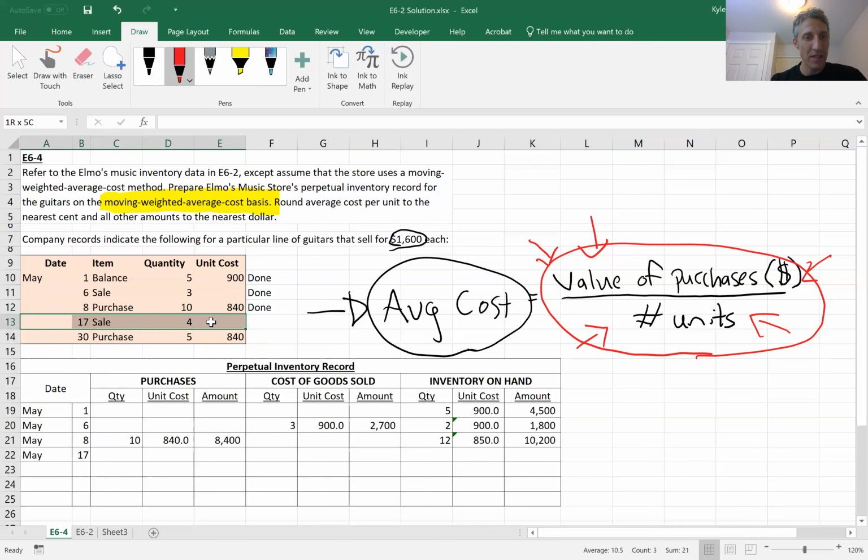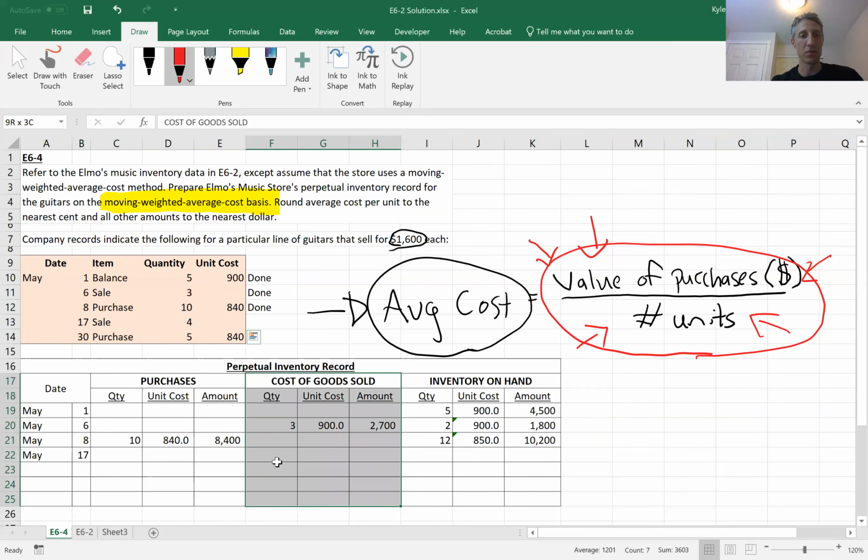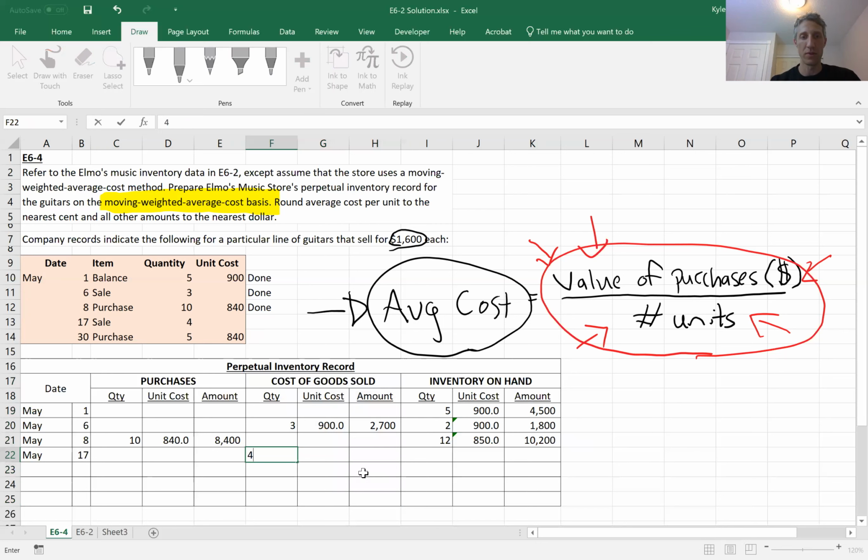So on May 17th, there was a sale of 4 units. Remembering when I'm making a sale, I'm categorizing it in the cost of goods sold column. So we sold 4 units. And this is where the average unit cost comes into play. We calculated on the prior date, on May 8th, our average unit cost of what we have currently in our storage room is $850.